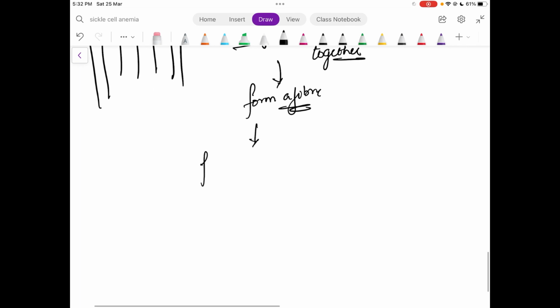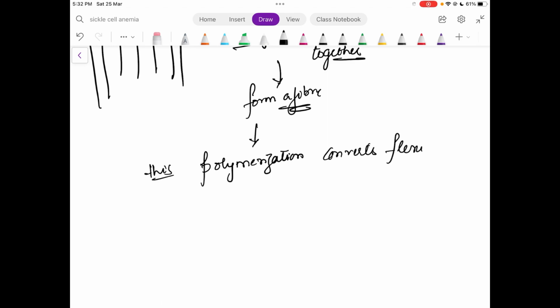And this polymerization converts flexible red cells into stiff sickle cells.